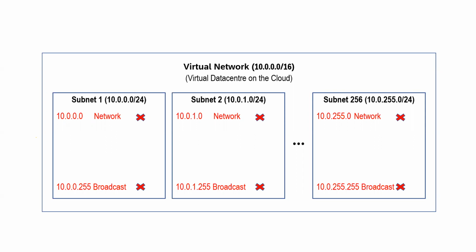I'm not talking about cloud networks only. In any network, even in your office network or your home network, you cannot use these two IP addresses. For a simple example, if you have a router set up in your home for your internet usage, you cannot give the IP address 10.0.0.0 to your laptop, because that IP address is reserved for your network address.